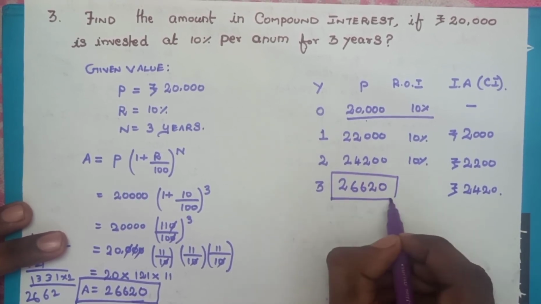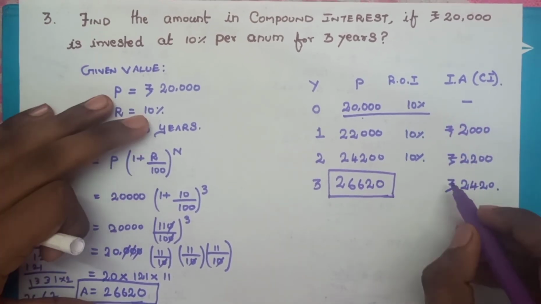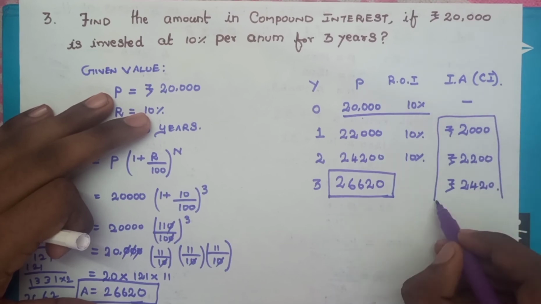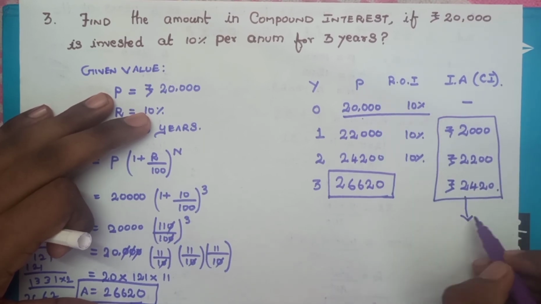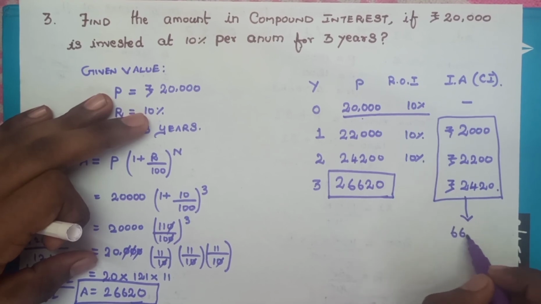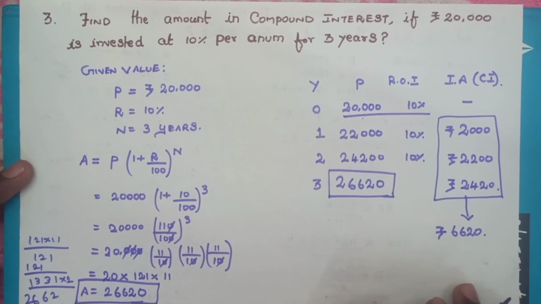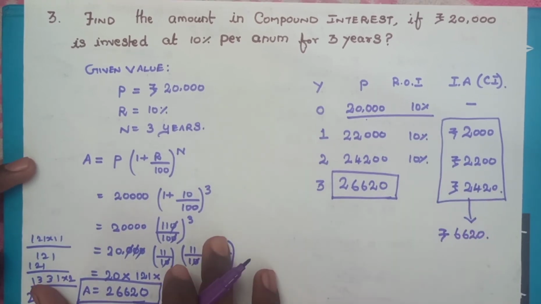Here is your final amount. So if we add up this interest amount, that is your entire compound interest for 3 years, that is 6,620 Indian rupees. So it's a shortcut method, it's a formula method, that's it.